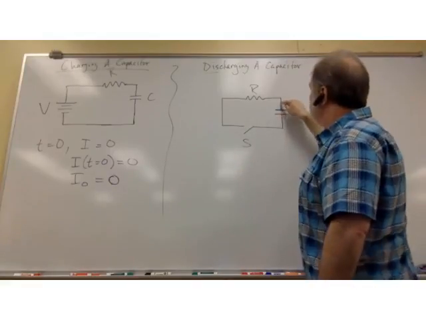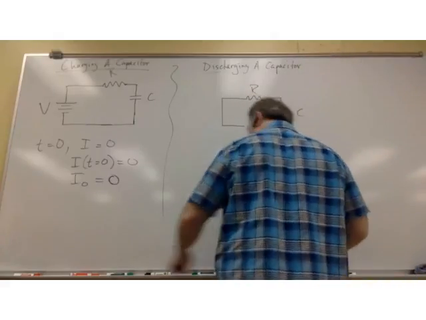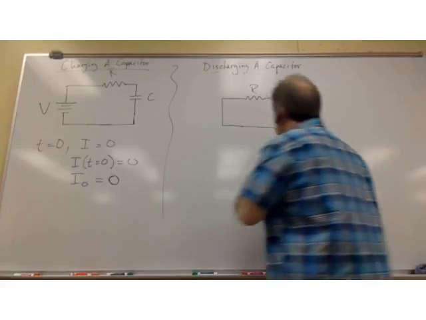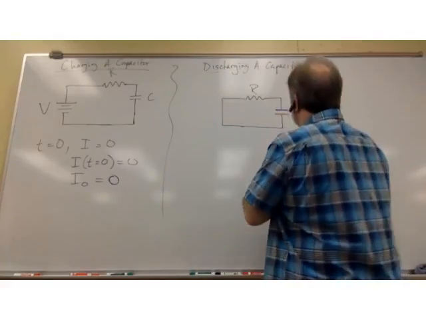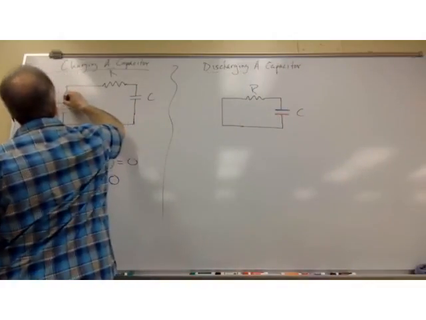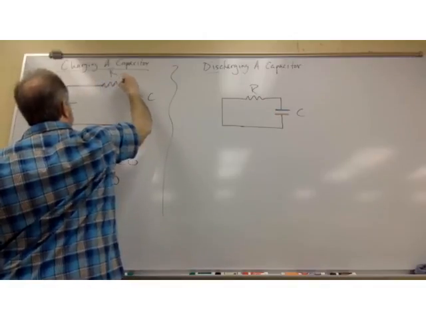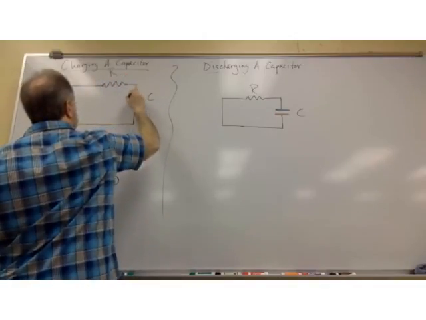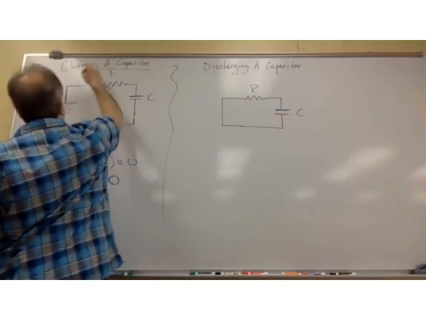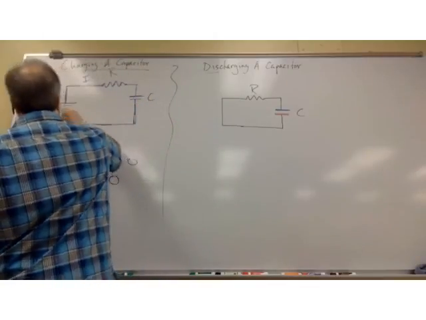Current starts to flow from the positive plate through the resistor, through the now closed switch. Current flows from the top side through the light bulb, which lights, down to the positive plate.